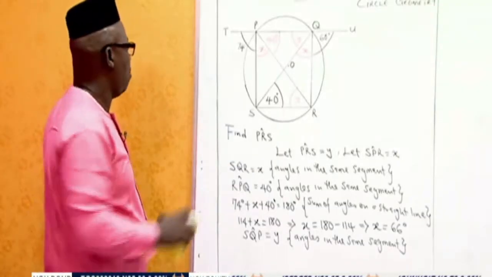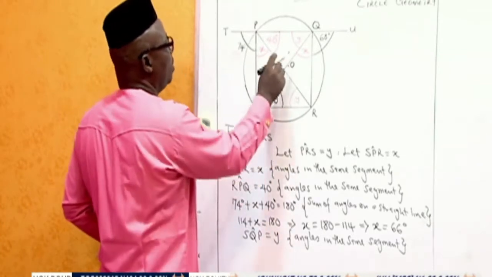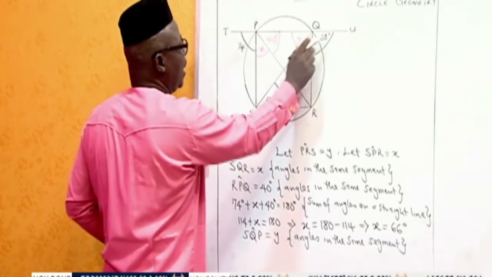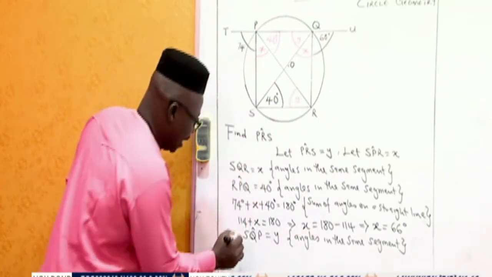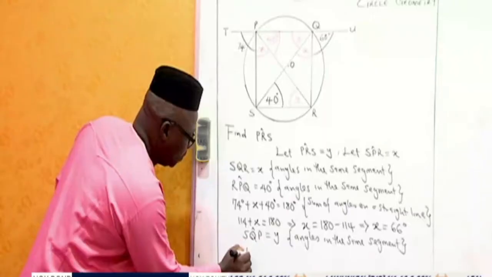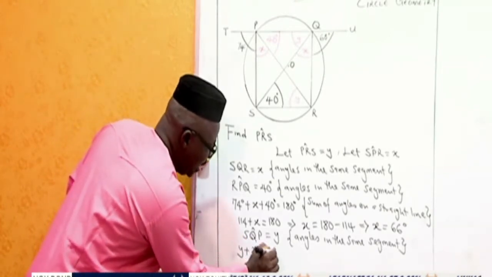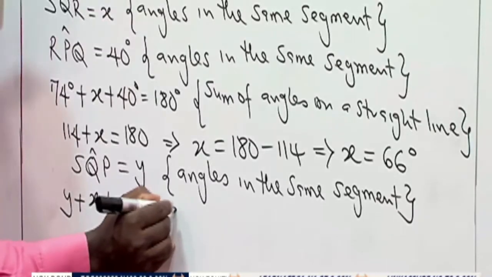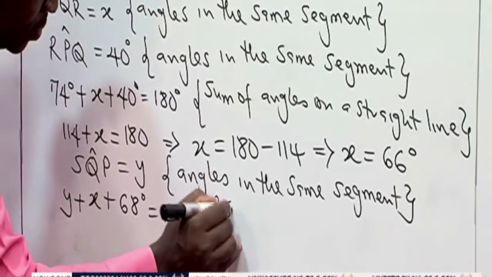So at this particular point, I can now find the value of y, because angle y, angle x, and angle 68 lie on a straight line. So I can now say angle y plus angle x plus angle 68 all is 180 degrees. I'm going to write the reason.